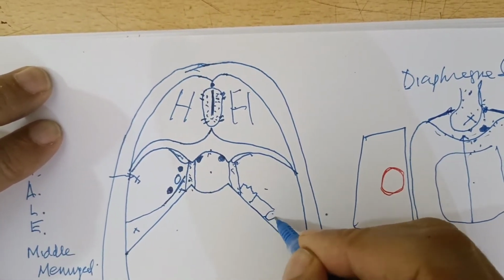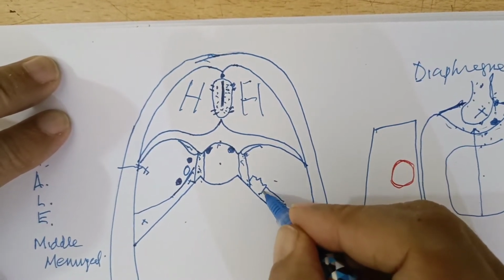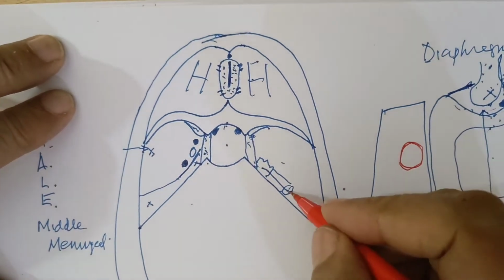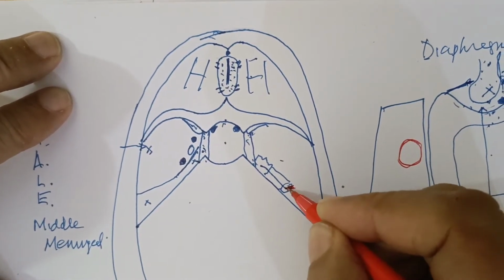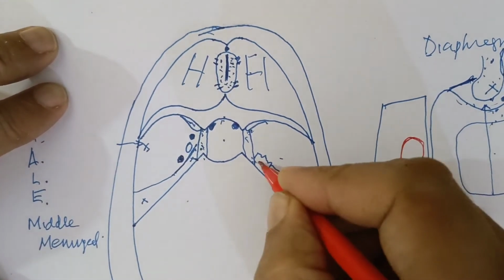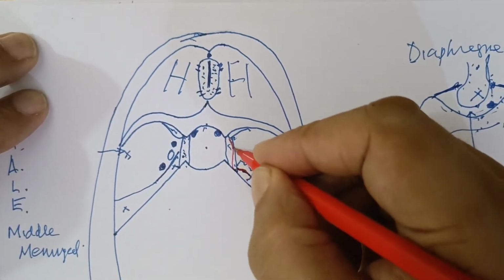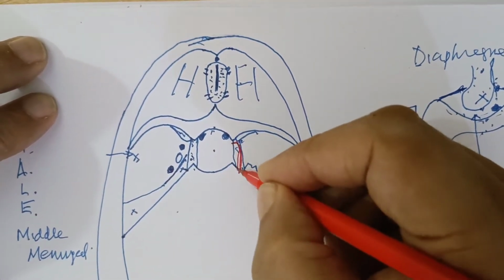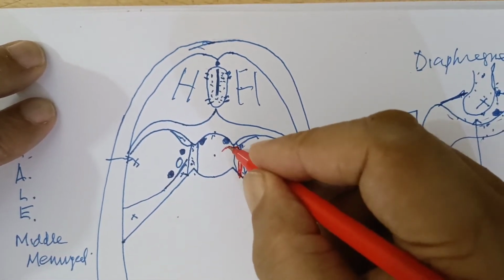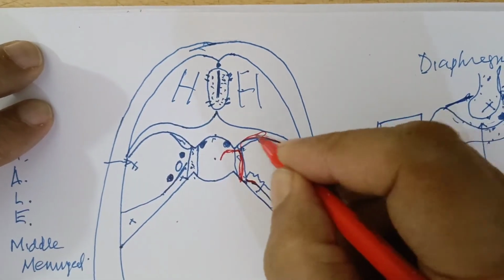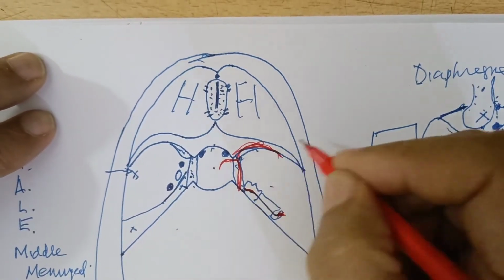So the carotid artery enters through this carotid canal, passes like this, and then enters through the foramen lacerum. It has an S-shaped course in the cavernous sinus, and goes between the two cerebral hemispheres and into the middle cerebral region, like this.